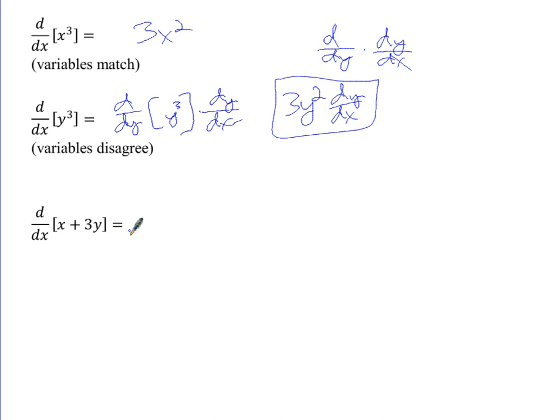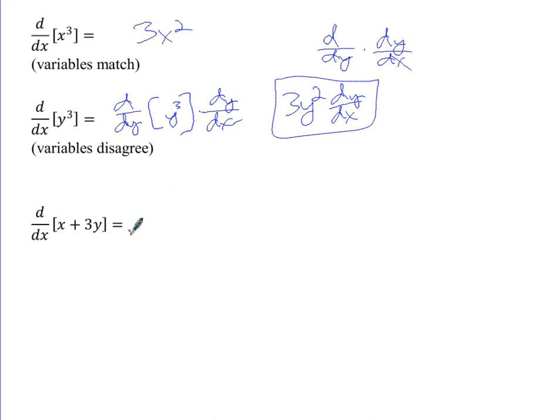Okay, the last one, d over dx. So the derivative with respect to x of x plus 3y. Can I do this? So the answer is yes and no here because we have 2 terms. The first term is a term with respect to x, so we can take the derivative normally there, but the second term is not.